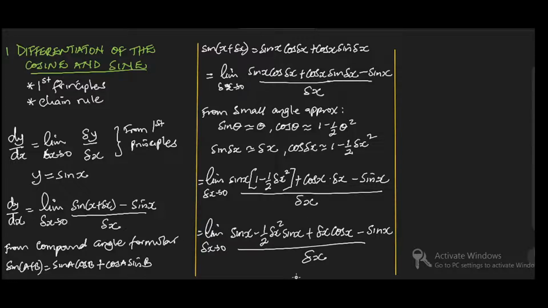So we pull out the like terms. You realize that we have sine x minus sine x, which will be 0. Then we will be remaining with these small changes.